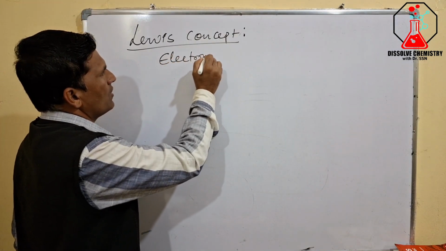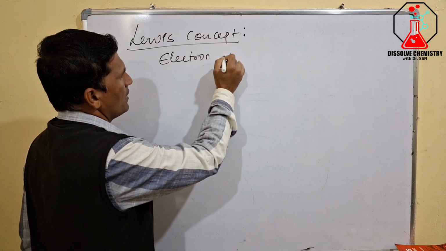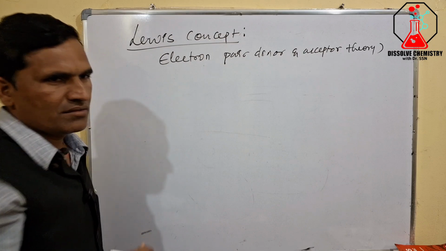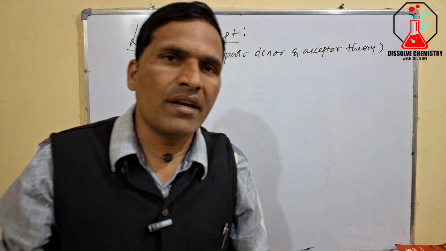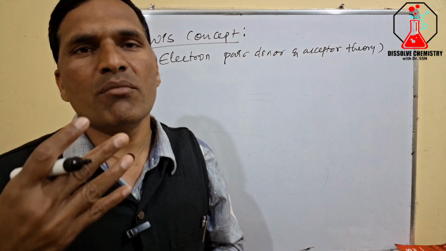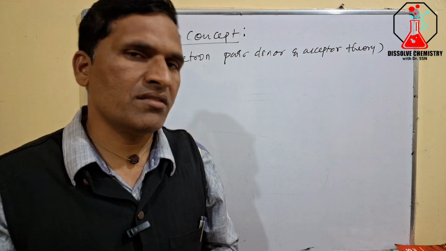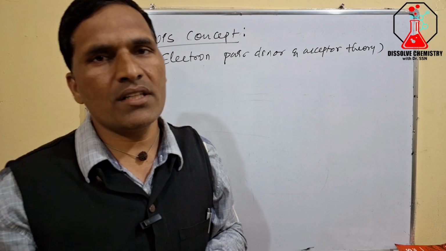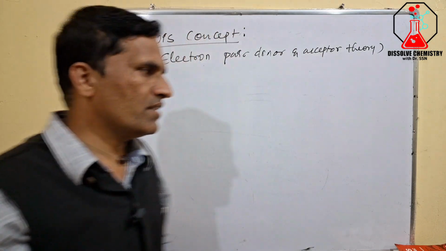Electron pair donor acceptor theory. According to this, any compound which donates an electron pair, we call a base, Lewis base. And any compound which accepts an electron pair, we call an acid, Lewis acid.